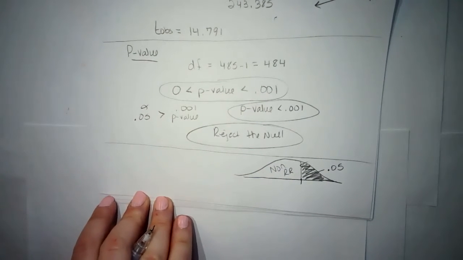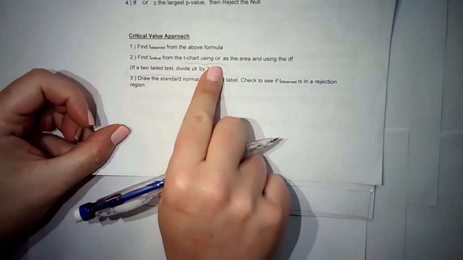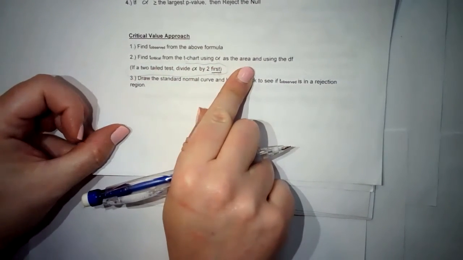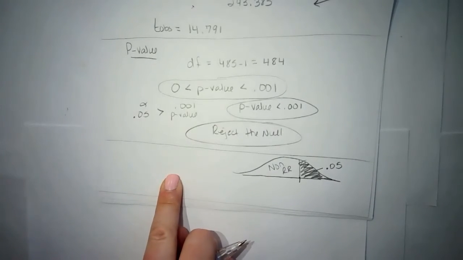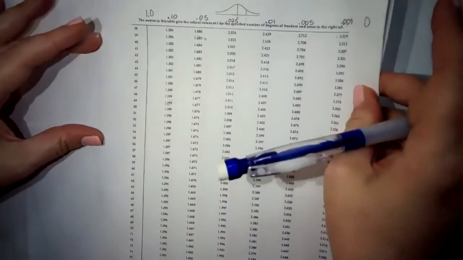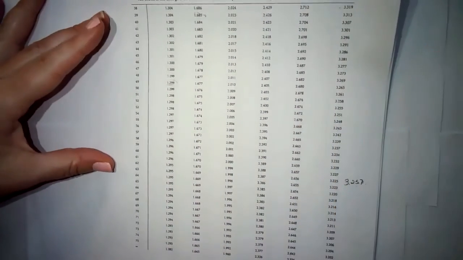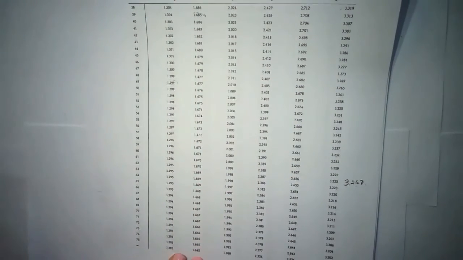Okay, so critical value approach. Find T critical from the T chart using alpha as the area. So we're still using degrees of freedom of infinity, right? Our alpha is 0.05. So I'm here, 0.05.